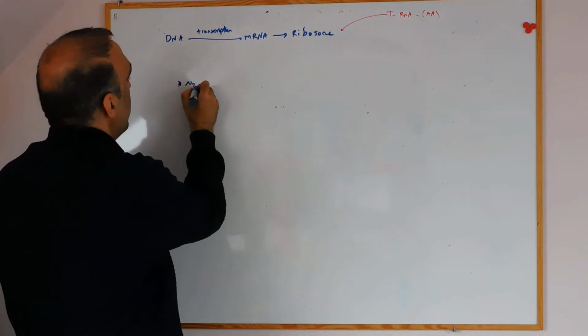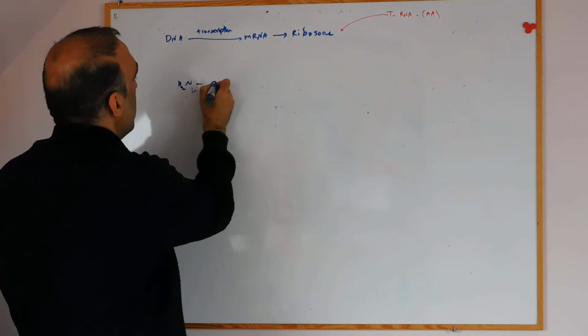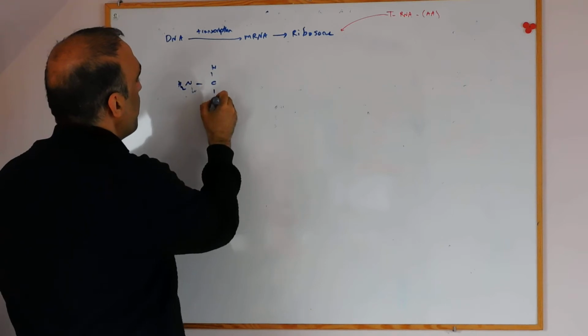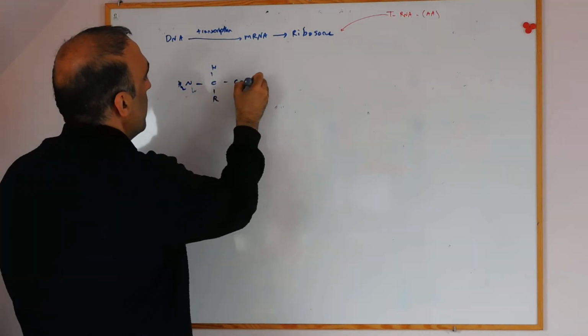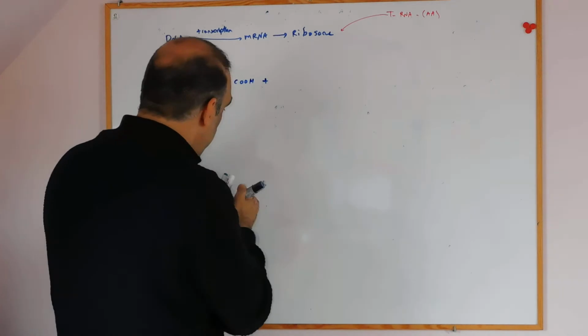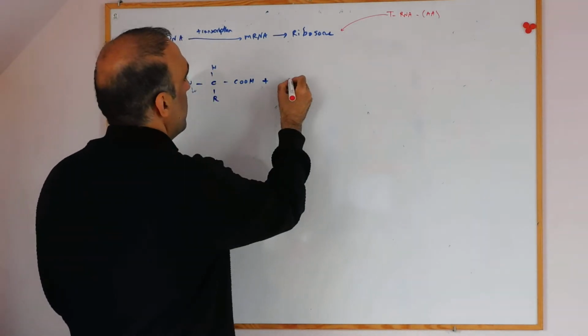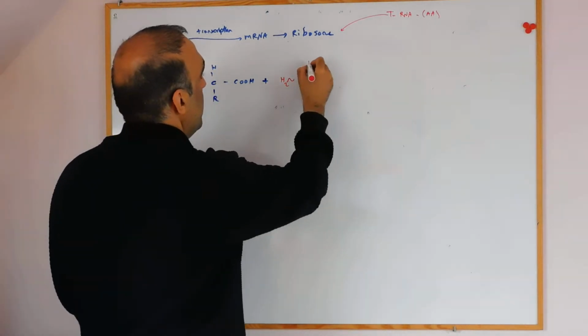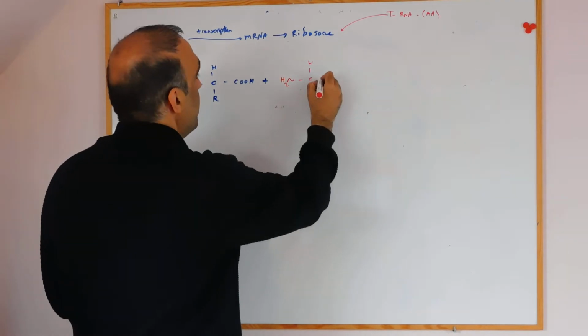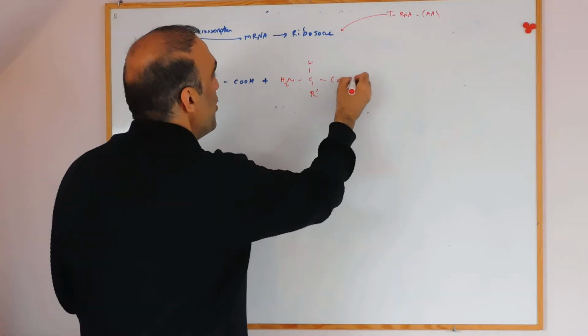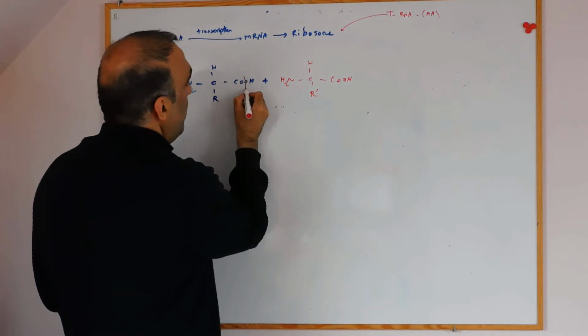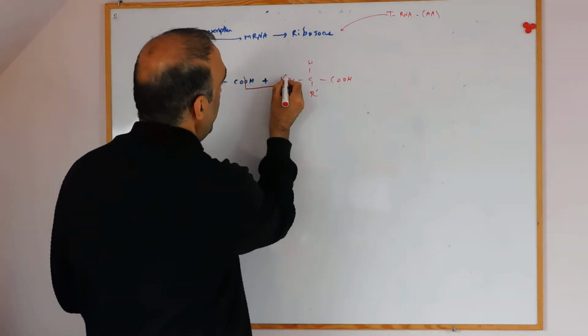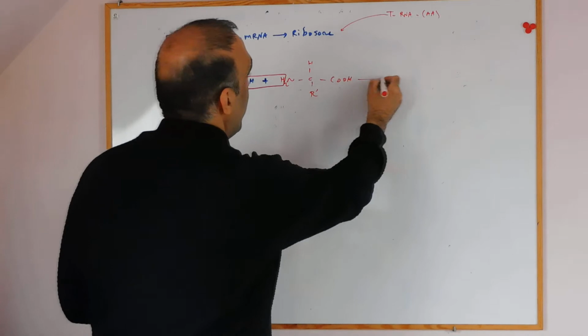When we want formation of the protein in the ribosome or in the laboratory, we can say the first amino acid binds to the second amino acid, and dehydration happens. The carboxylic acid of the first one with the hydrogen of the second one produces water.